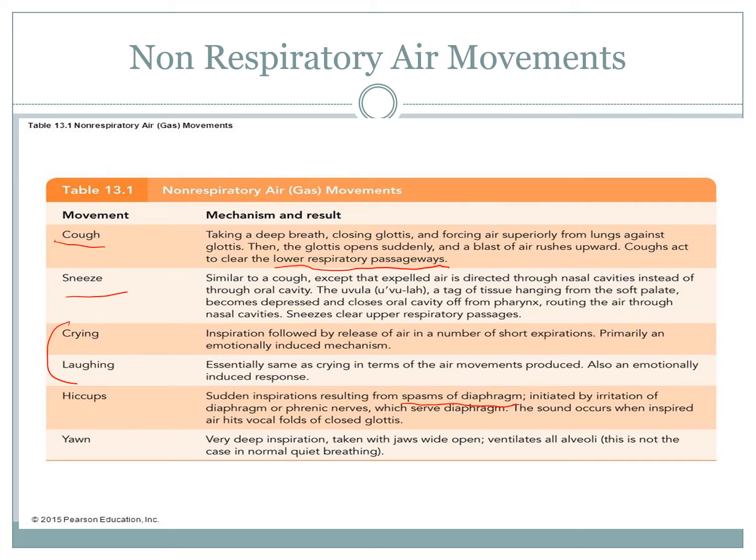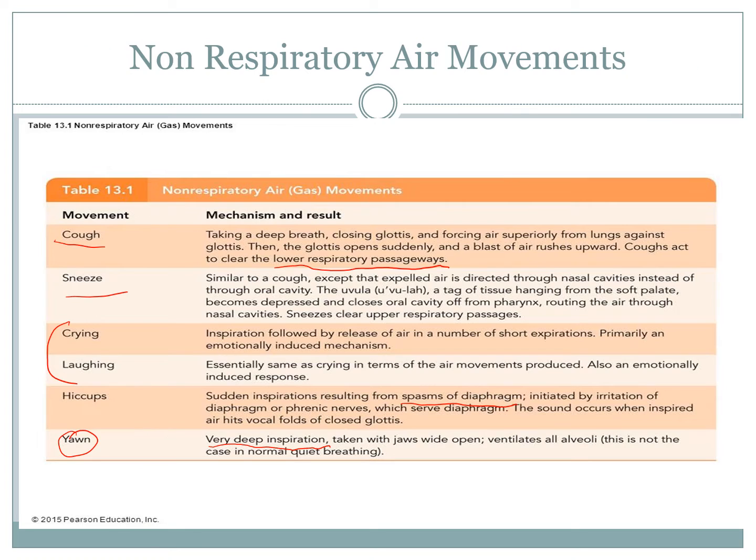Yawning is one of those that they research quite a bit, and essentially it's your deepest inspiration, and the idea is it wants to fill every alveoli. So when you yawn, every alveoli is filled to its capacity. Those are basically the ones that control our non-normal breathing air movements within our body.